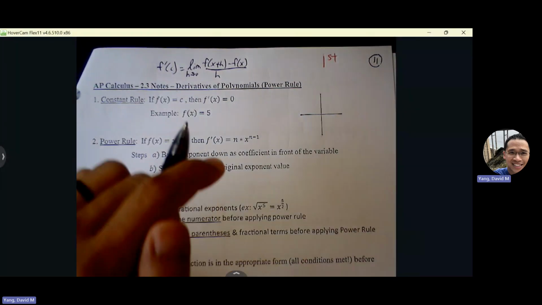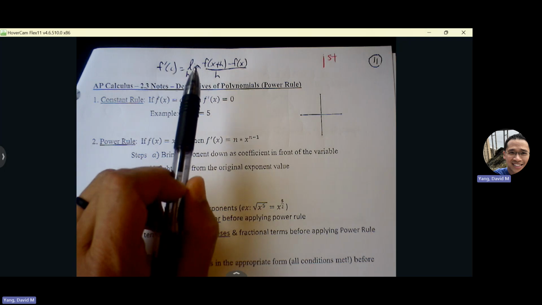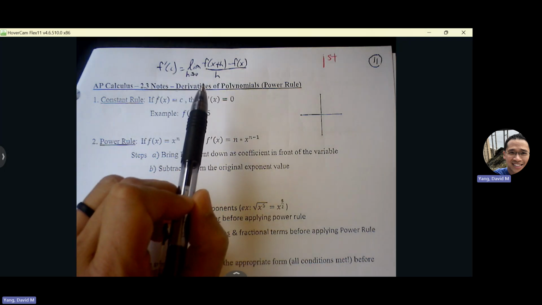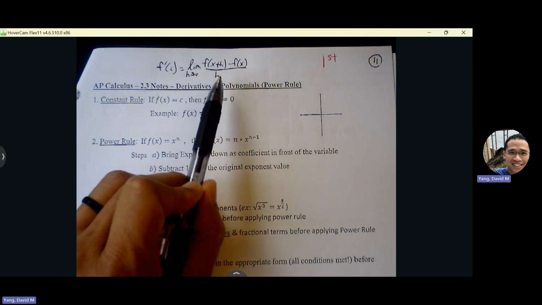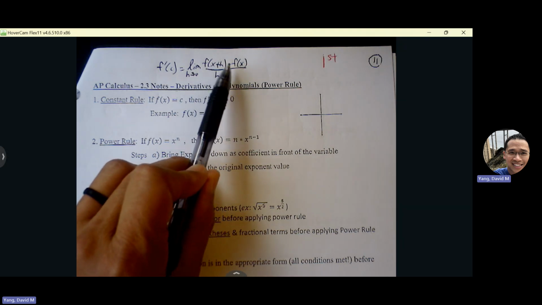All right, guys, page 11. So before we took our test, we started Unit 2, and we talked about how there's a limit definition for a derivative, which really is just a reworking of the slope formula.